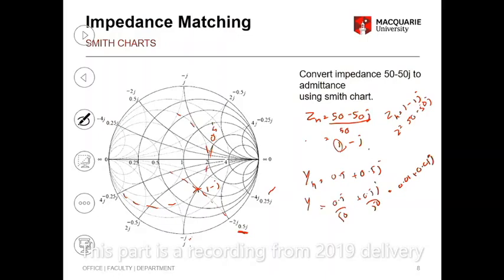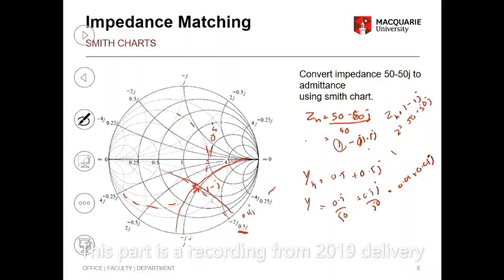Now it might be hard to read off the values. We are lucky we got a value that had a curve, but if you don't have a curve, you have to interpolate. Say for example, if the question was about 50 minus 60J, so this becomes 1.1J minus 1.1J, and there's no 1.1J here, so I'm guessing 1.1J is somewhere here, like that, and I'm at this point, and my admittance curve will be 0.4J, I don't know, right?